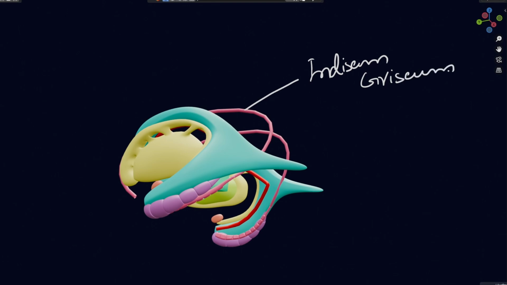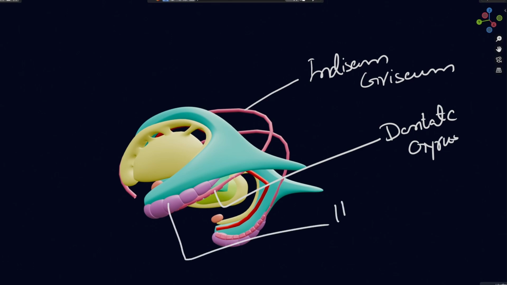The dentate gyrus is actually connected with the indusium griseum, and this is the hippocampus proper. Along with that, of course, in neuroanatomy you will study the parahippocampal gyrus, the entorhinal cortex, the subiculum, and some other structures.